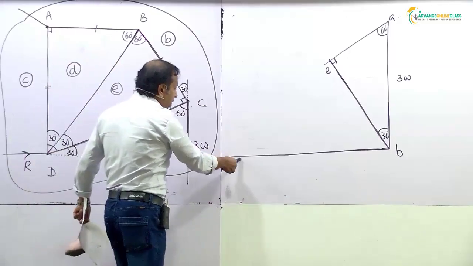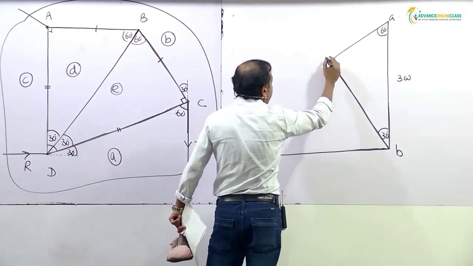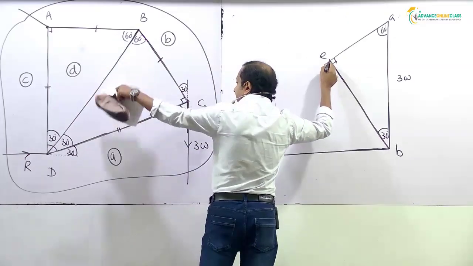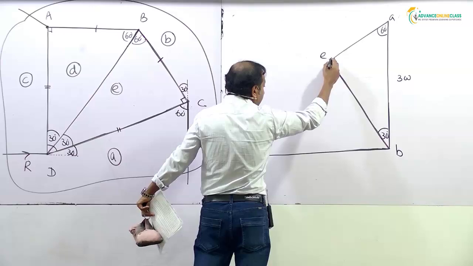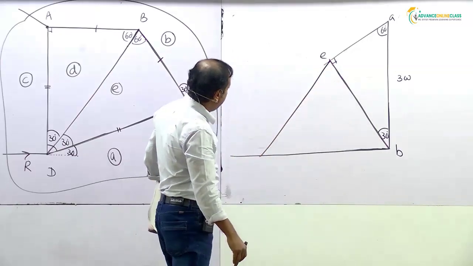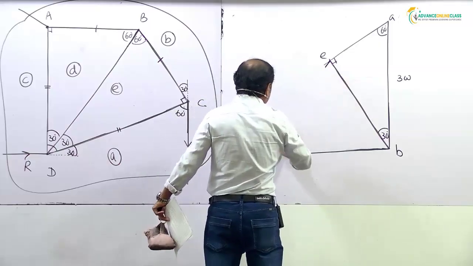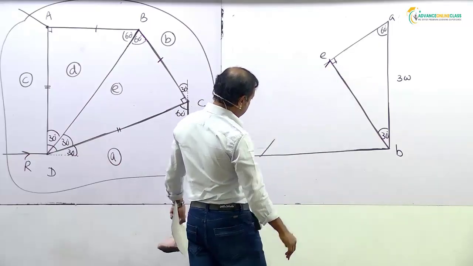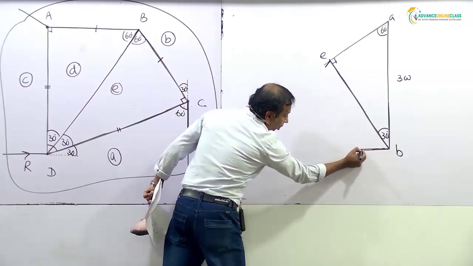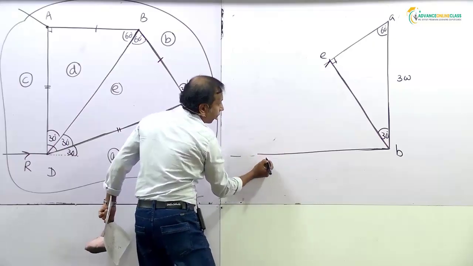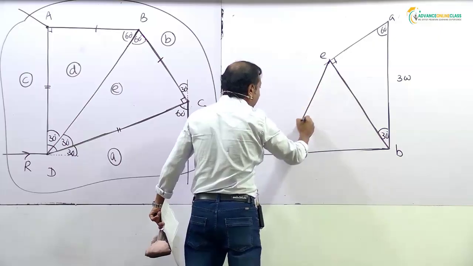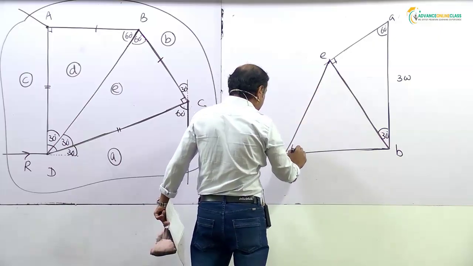D should be somewhere on this. E is here. Then we have to draw a line through this E parallel to this BD rod, making 60 with the horizontal like this. Okay, 60 with the horizontal. This is 60.